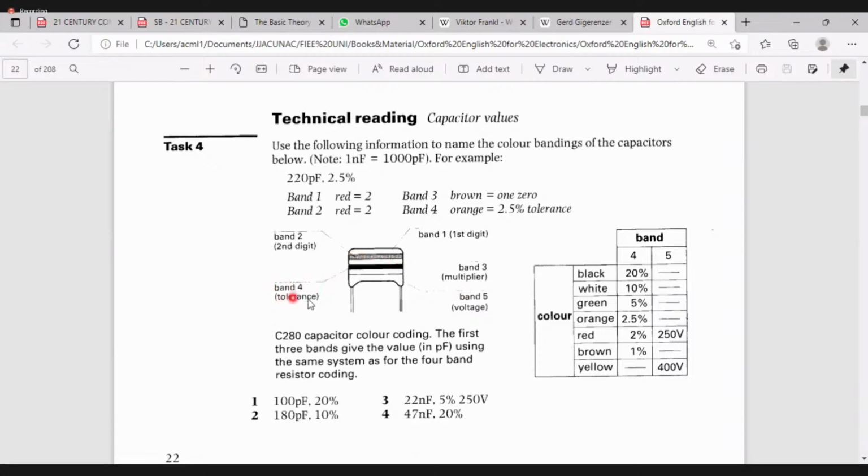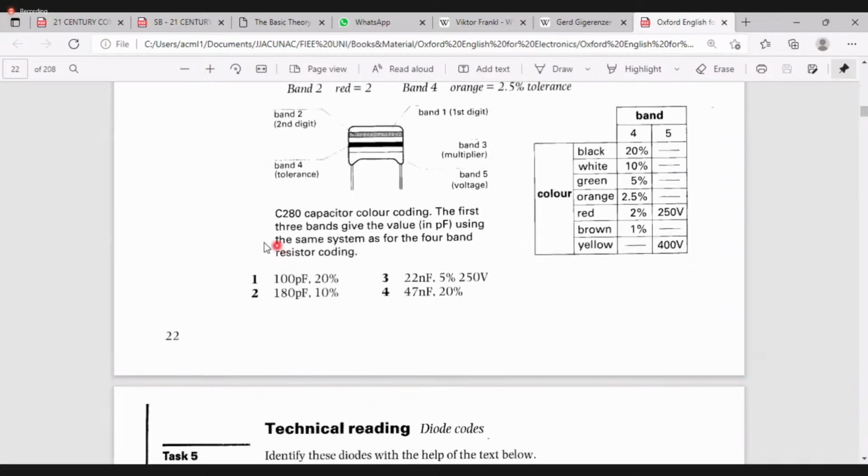The different band is the fifth, indicating the top voltage they can work with. Red indicates 250 volts, and yellow indicates 400 volts.